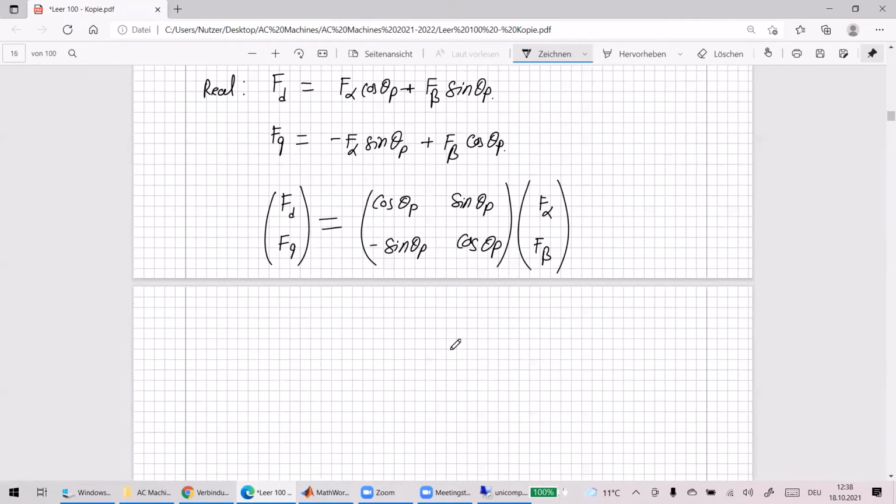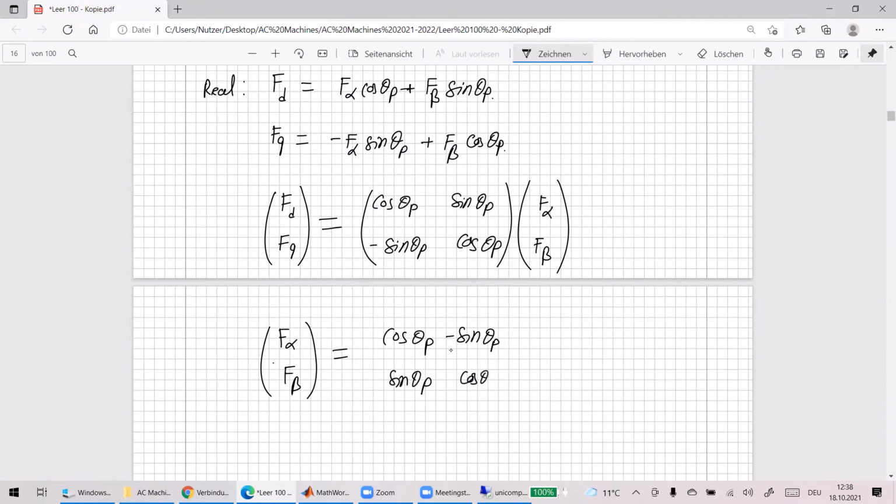And of course, if we want to find the alpha beta component from DQ, then you can just take the inverse of this. And inverse is going to be easier. I think the minus sign moves here and then cos theta p.